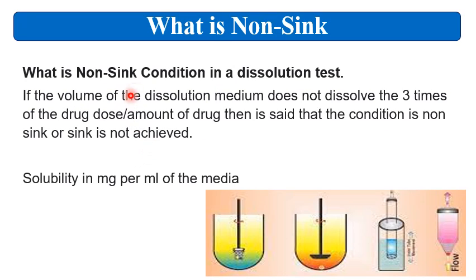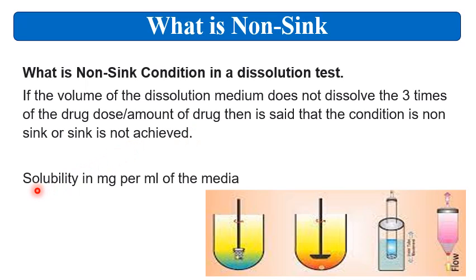Now, what is a non-sink condition in the dissolution test? If the volume of the dissolution medium cannot dissolve 3 times the drug dose, or amount of the drug, then it is said that the condition is non-sink, or sink condition is not achieved. And how is this non-sink condition derived?